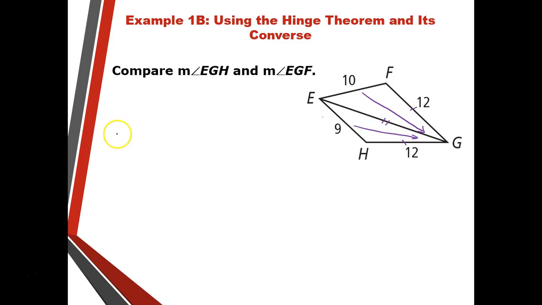So how we're going to say this is the measure of EGH and the measure of angle EGF. EGH has the smaller side, so it is less than the measure of EGF.